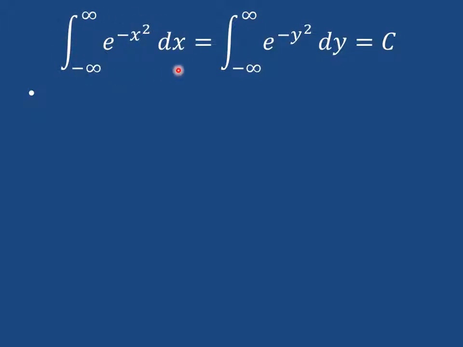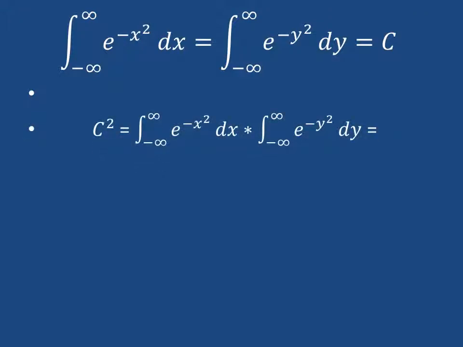In this particular integral, we're integrating across the x-axis. And in this particular integral, we're integrating across the y-axis. But since y and x are simply dummy variables, both converge to our elusive, mysterious number, c, our constant that we're looking for.